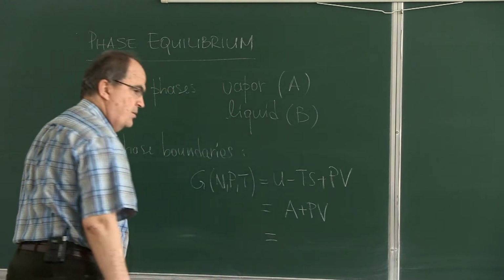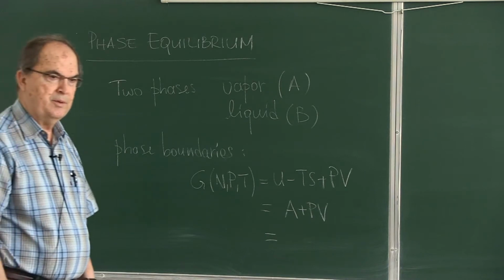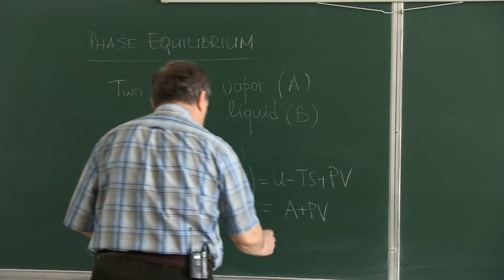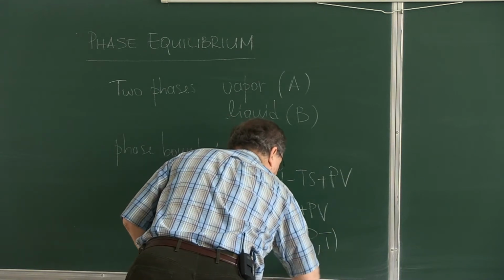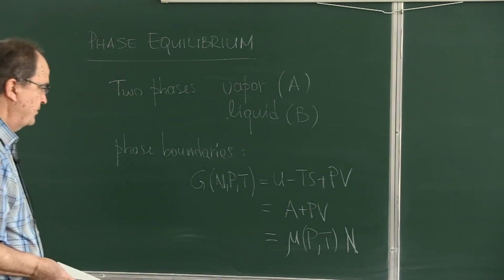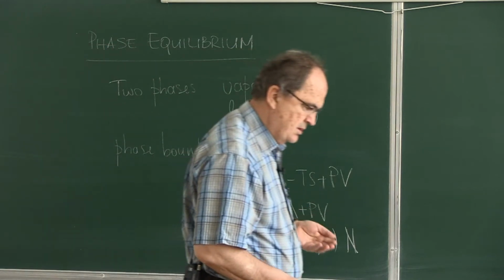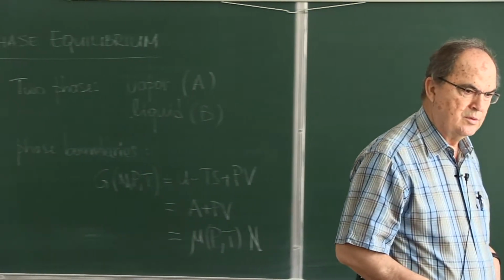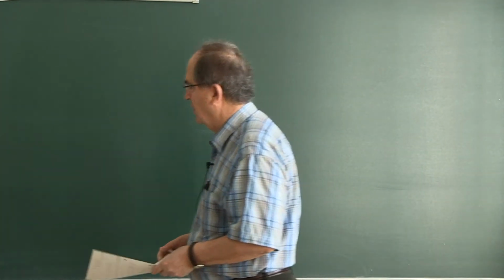And we also know that it is chemical potential times the number of particles, because chemical potential is nothing but the Gibbs free energy per particle. So you can also write this as mu times the total number of particles. Particles in the sense could be atoms or molecules making up the specific system you have.